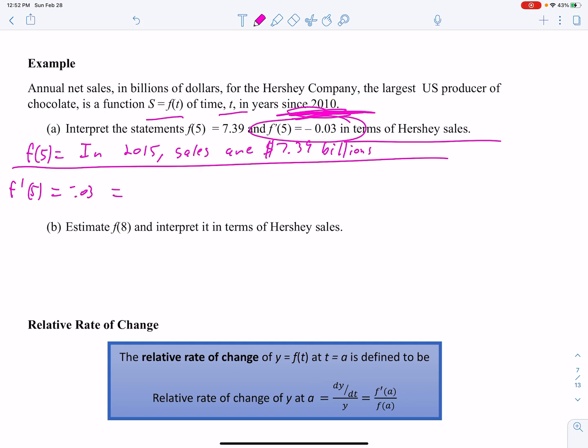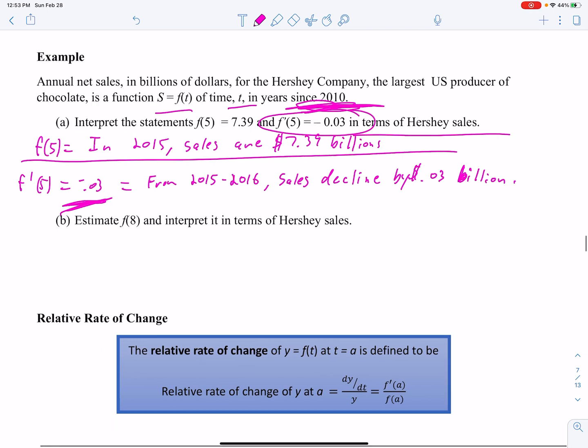So this means in 2015 to 2016, over a 1-year change, because derivative means change, sales of chocolate, well, it's a negative slope, negative derivative, so they decline by 0.03 billion dollars. The poor chocolate people, they're all poor now, right?